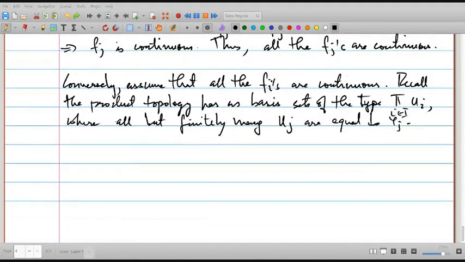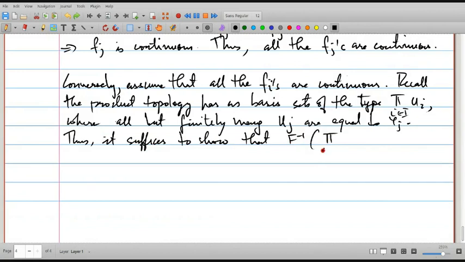So these sets form basic open sets, and thus it suffices to show that the inverse image of any one of these sets is open.